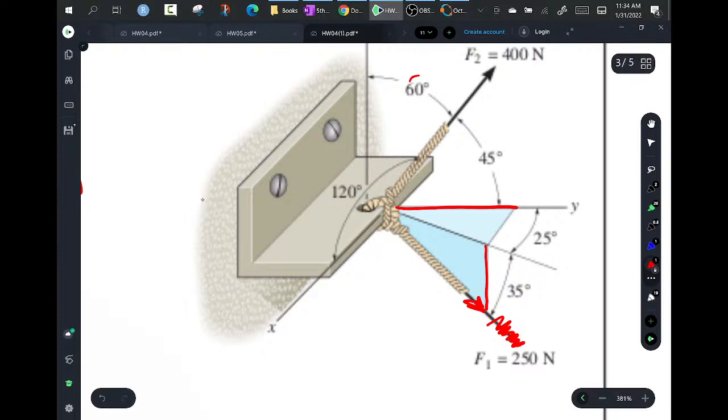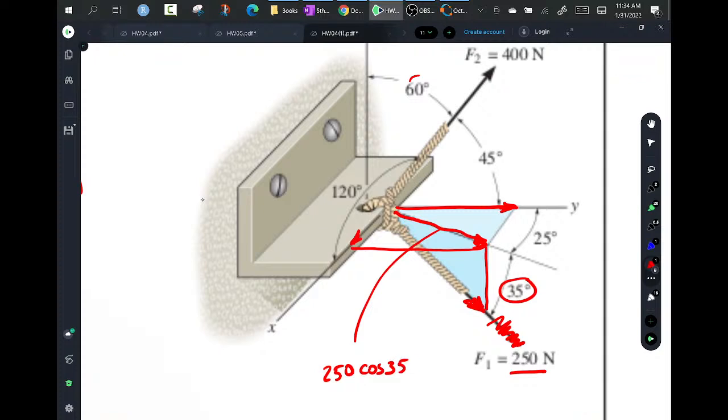So if you project this vector up to here, then you can break it into the component here and the component here. So this projection vector would be 250 because that's the magnitude here. And it looks like, to me, it's projected up through an angle of 35 degrees, which is a very strange angle, but that's okay.